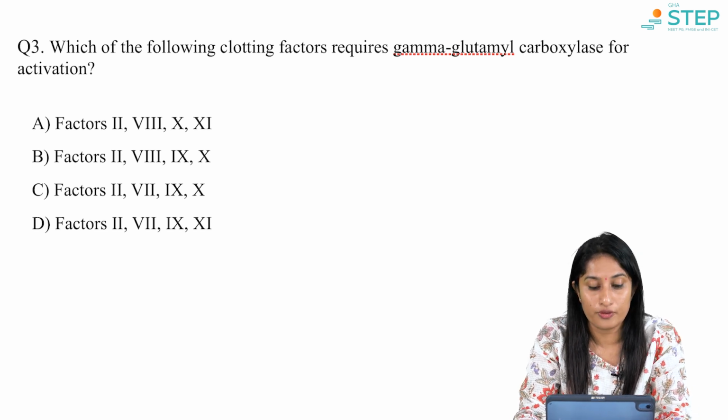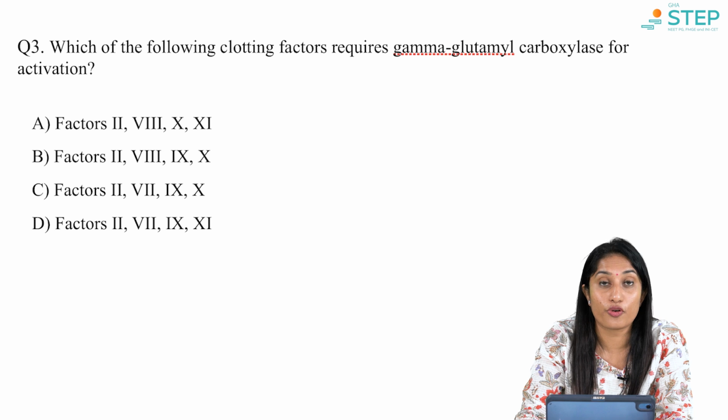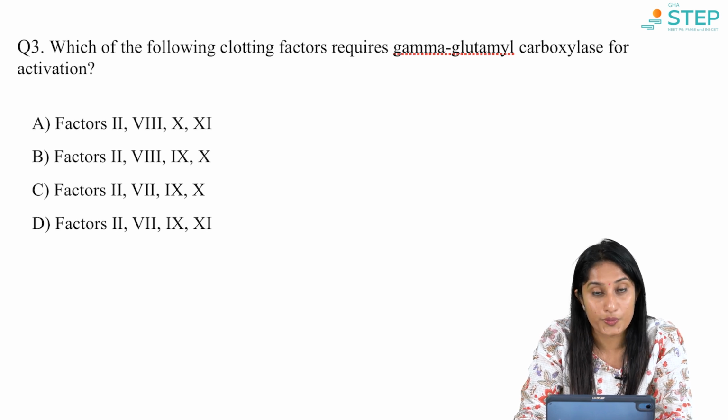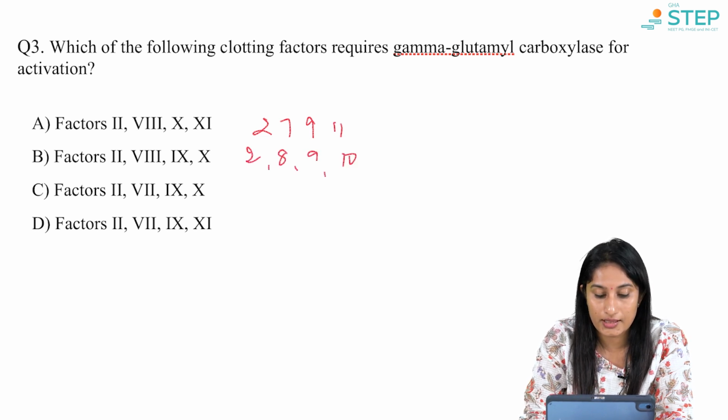Which of the following clotting factors requires gamma-glutamyl carboxylase for the activation? So, here is a list of different factors. Option A is factor 2, 7, 9 and 11. Option B is 2, 8, 9 and 10.